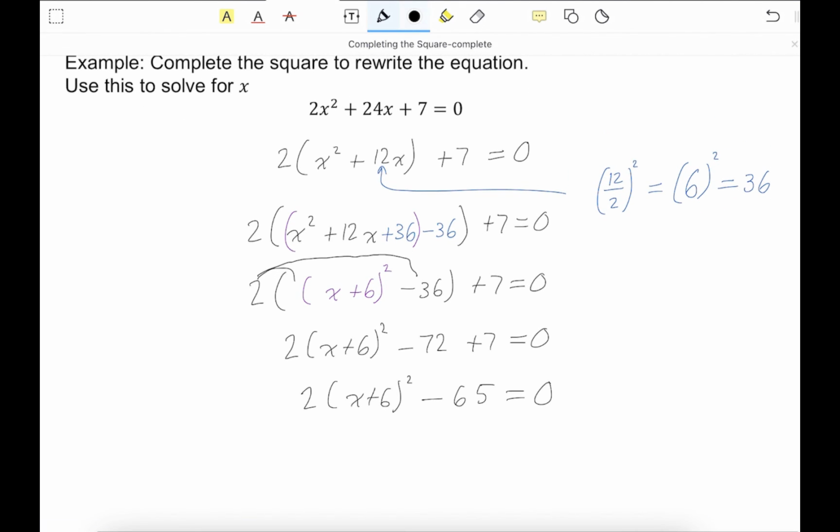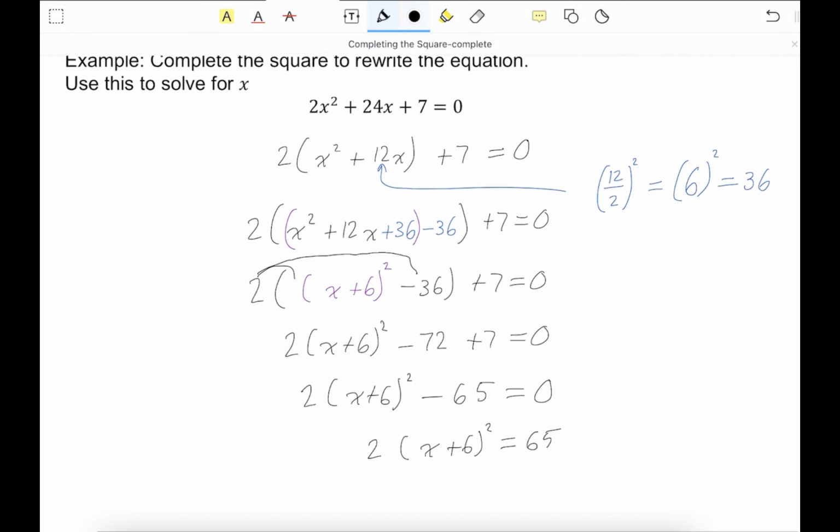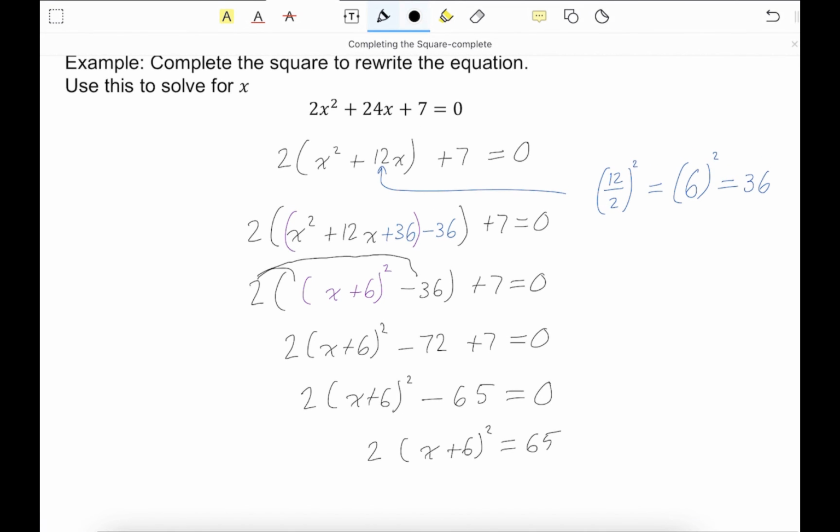So we take 65 to the other side by adding 65. I'll divide both sides by 2. We get x plus 6, everything squared equals 65 over 2. Not a very nice number, but that's okay.